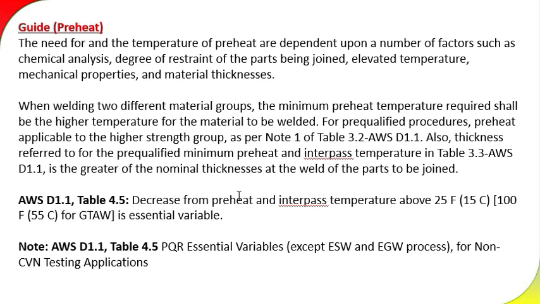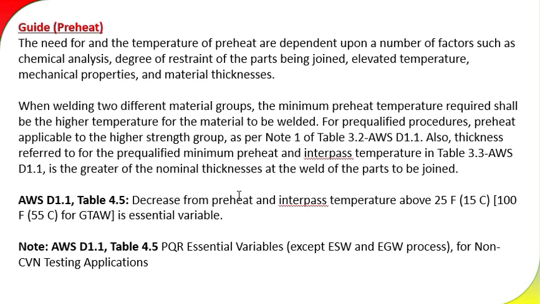Also, thickness refers to the prequalified minimum preheat and interpass temperature in table 3.3 AWS D1.1, which is the greater of the nominal thickness at the weld of the parts to be joined.